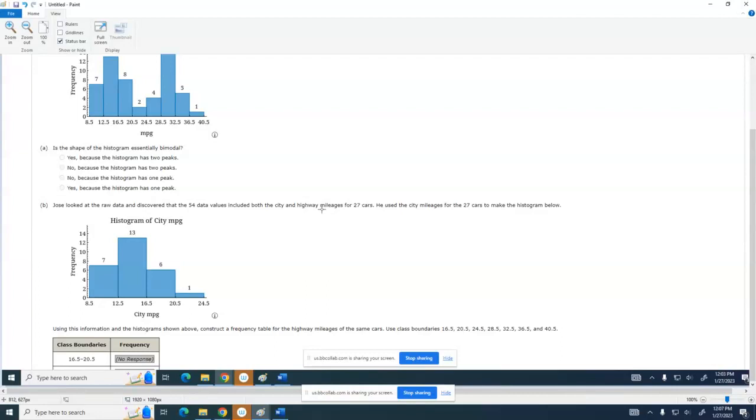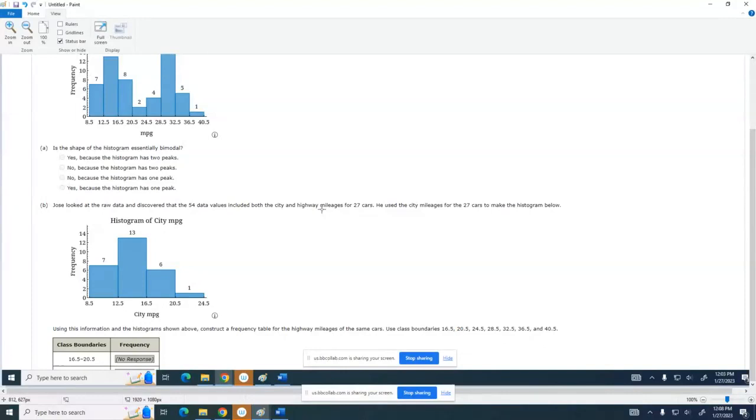Five highway, one highway. Now, for this problem, one day I told you, statistics is not mathematics, right? If you are good in English, you will get a good score in statistics. Absolutely, we need math sense, but reading is more important.